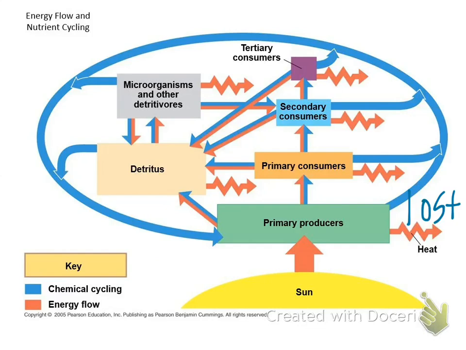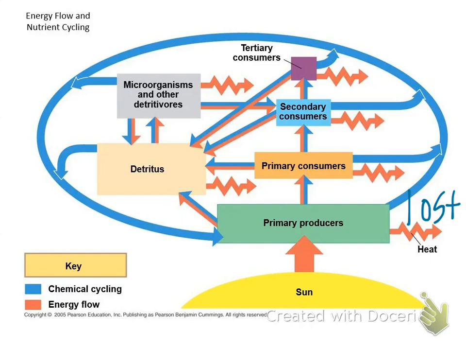Where does all energy come from? The sun, right? Energy comes from the sun, but energy is lost as heat, and that's what makes the world warm, right? The second law of thermodynamics says energy is increasing towards entropy or chaos. So why are we not running out of energy? If it's going towards chaos, why are we not running out?